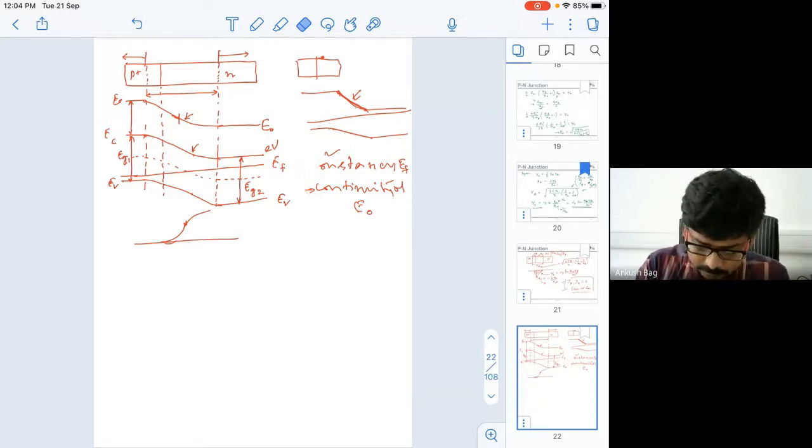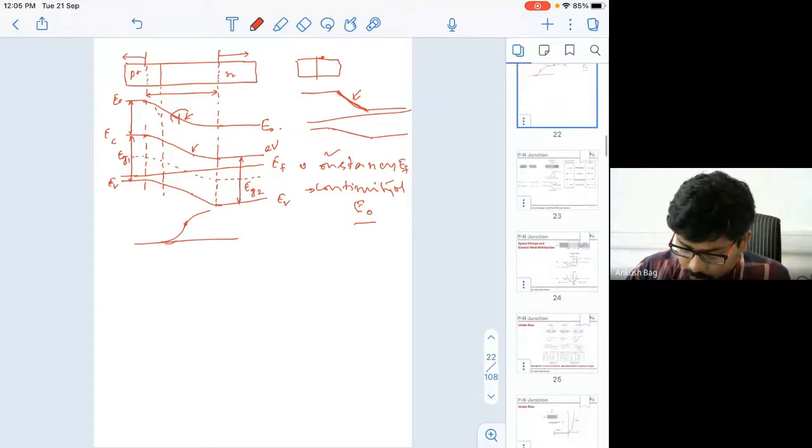One is related to the constancy of EF, because there will be only one Fermi level across the junction under thermal equilibrium, and another principle was related to the continuity of the vacuum level, or E naught. So there should not be any discontinuity in E naught, that means your vacuum level.